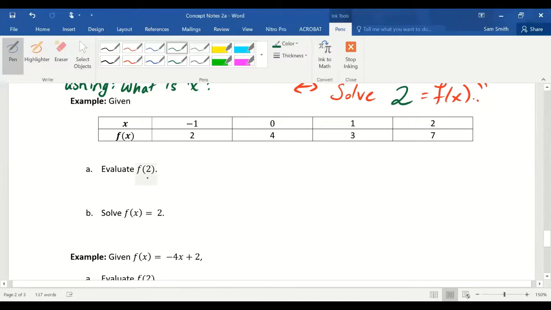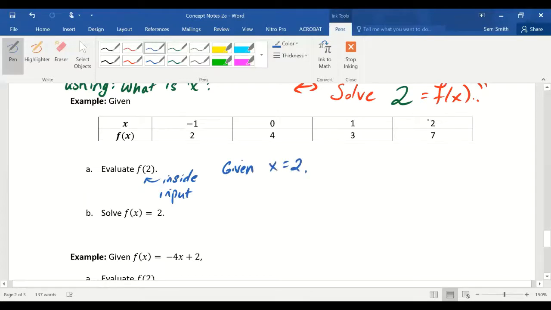Is this saying that x should be 2 or that y should be 2? Because 2 has taken up the position on the inside, in the input box, where x usually goes, that means they're giving me x equals 2.